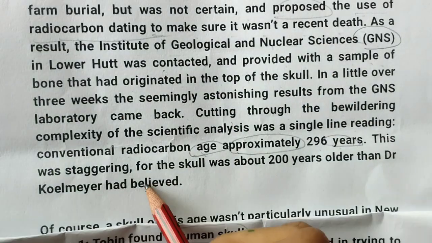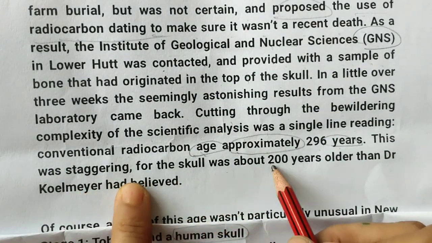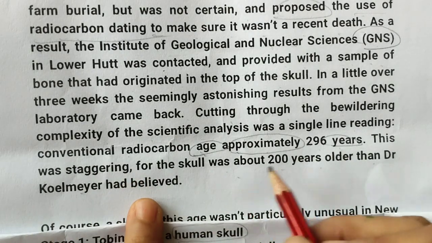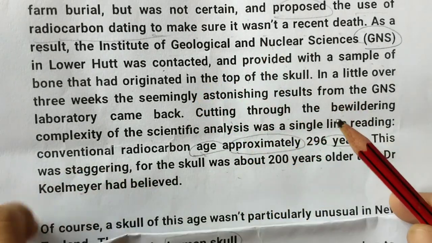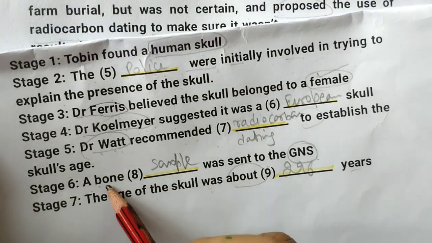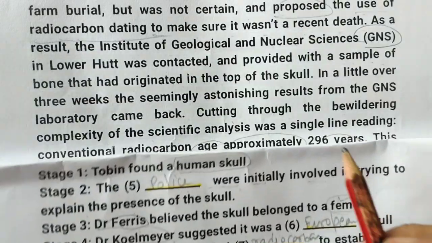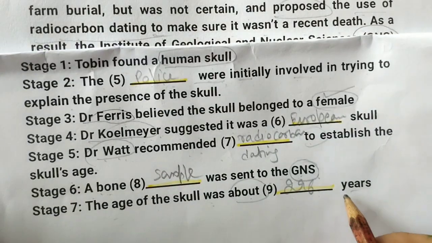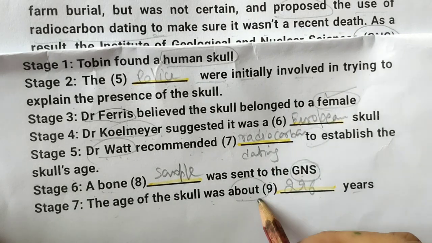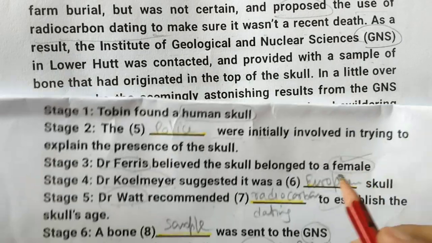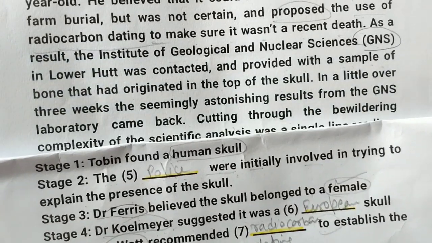Years. This was staggering, for the skull was about 200 years older than Dr. Okay, this is just comparison with this person. Because they are talking about when the bone was sent to the GNS and all, after that they have decided approximately 296 years. See this, I told you the words before and after the blank are important. See this, approximately, about.